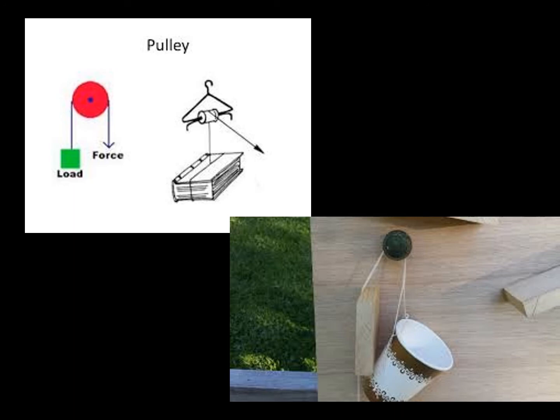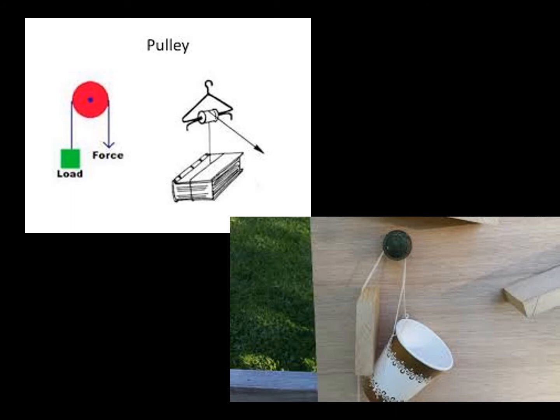A ball goes down an inclined plane, goes into the cup. The cup is on a pulley, and so the cup goes down and it pulls whatever's on the other end, it pulls it up. So the ball rolls, hits the cup, and the cup moves. That's one cause and effect.